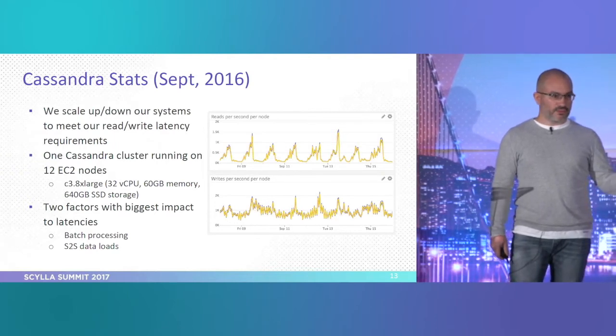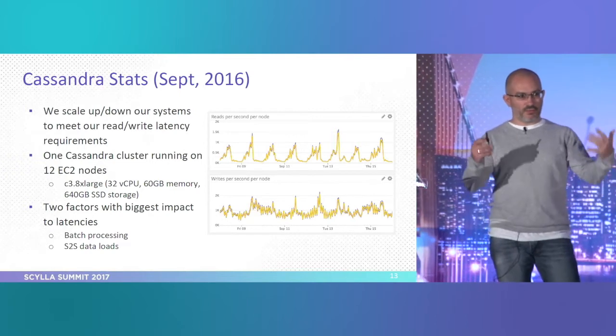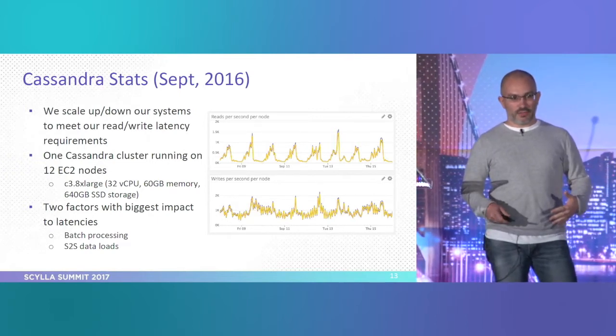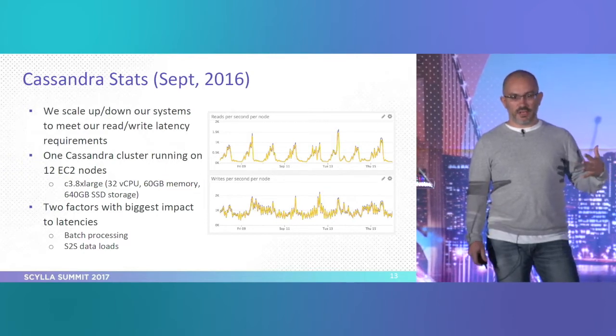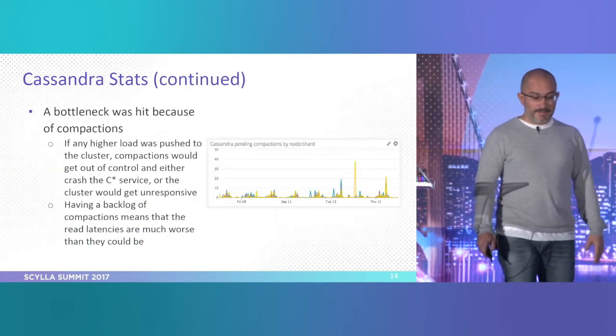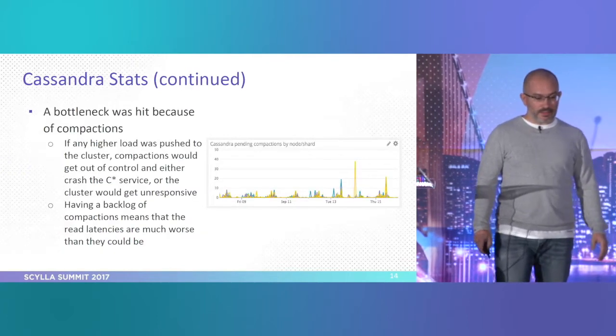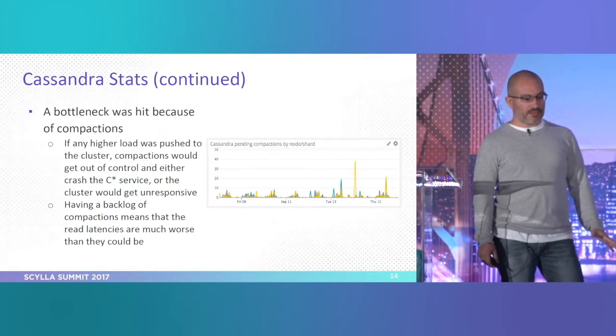Two factors were affecting that. It was the batch processing mechanism that I mentioned earlier that reprocesses all data for users when a customer makes a change, and the server-to-server ingestion in large amounts that customers may send to us. The bottleneck that we were hitting was pending compactions.